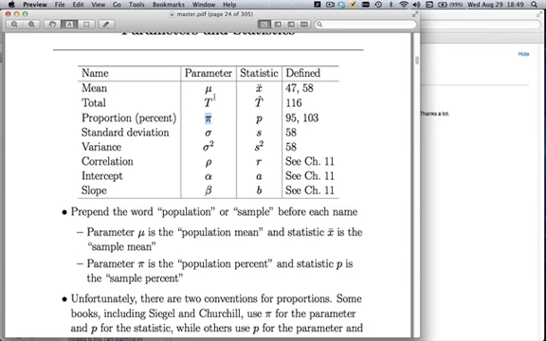So mu is the mean, but it's not any old mean, it's the population mean. So the parameter is the population mean, pi is the population percent, x bar is the sample mean, and p is going to be the sample percent. Just emphasizing that the statistic is coming from the sample, the parameter is always coming from the population.